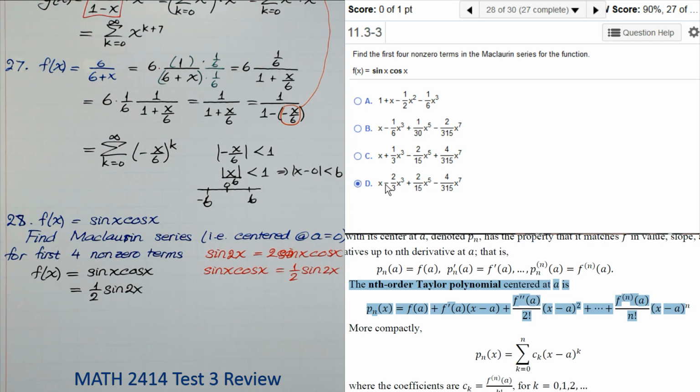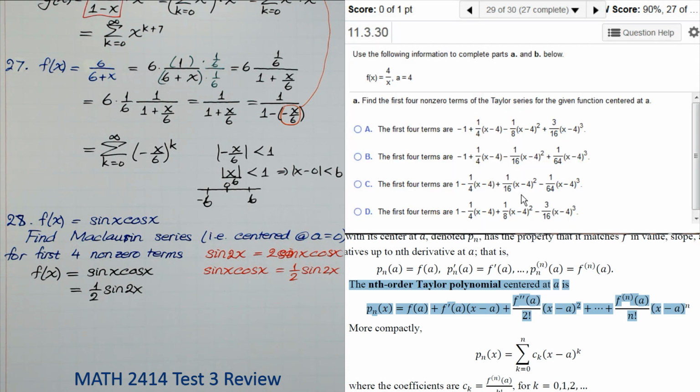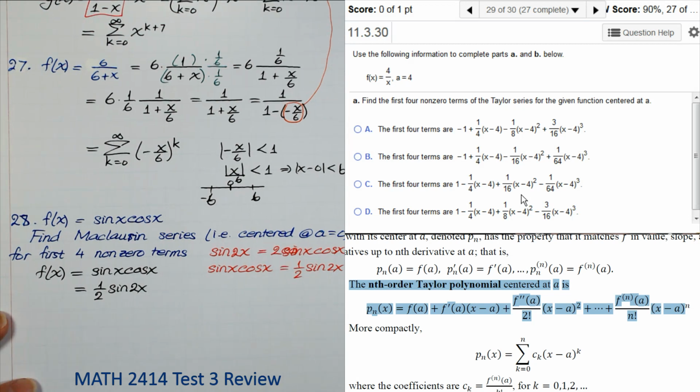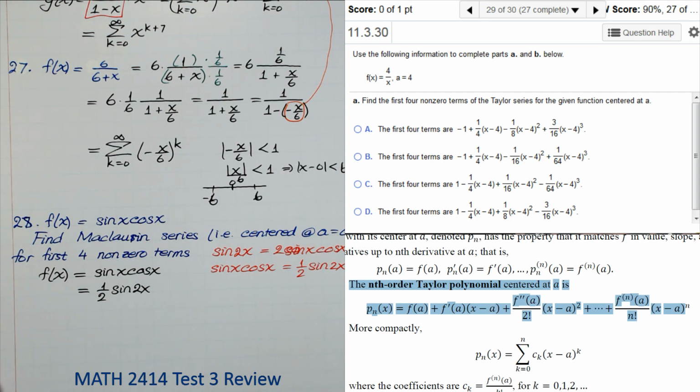I didn't check this. I just gave that. The next one, the same thing. Yeah, this one just make a table. Find the first 4 terms, take derivatives, and I'm just going to let you do that.